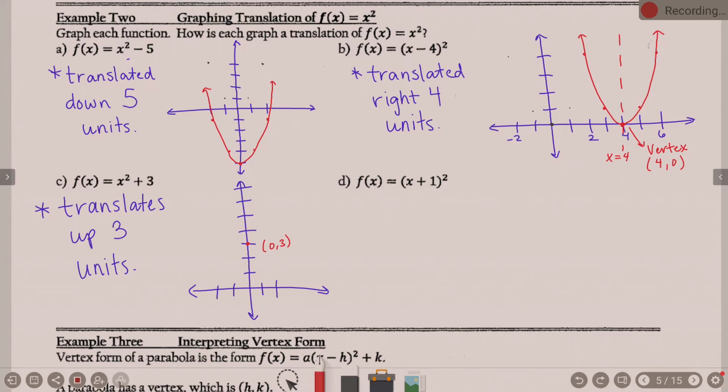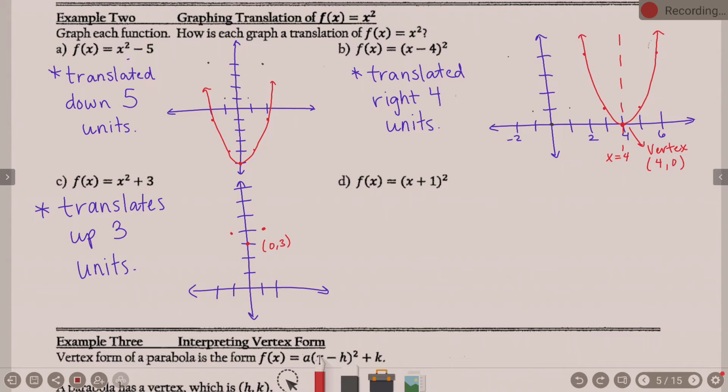From that vertex, where do I make the rest of my graph? I'm going to go where? Up 1, over 1. Okay. Over 1, up 1. So I went left 1, up 1, and I went right 1, up 1. Over 2, up 4. And then 2, 4.